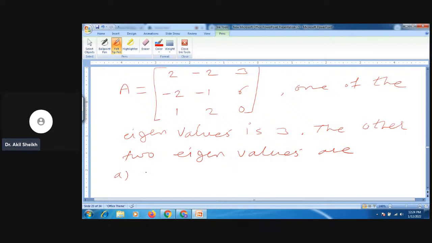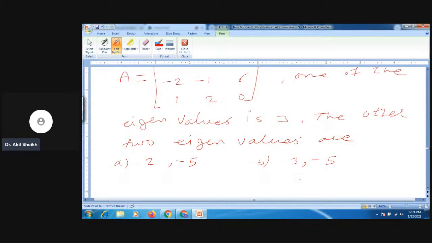Options are given: 2 minus 5, option B is 3 minus 5, option C is 2 5, option D is 3 5.